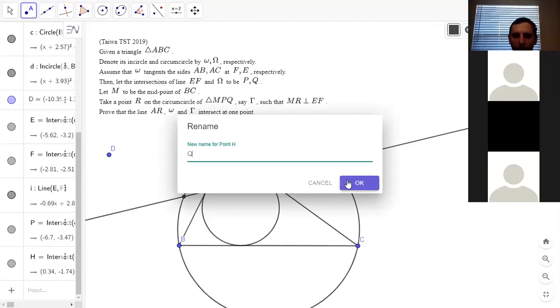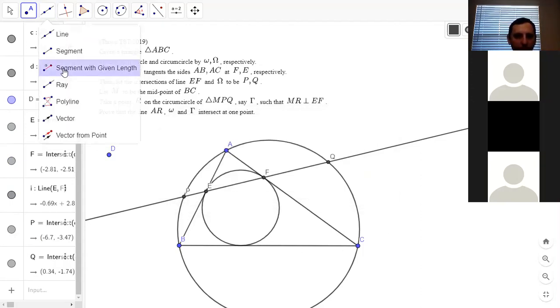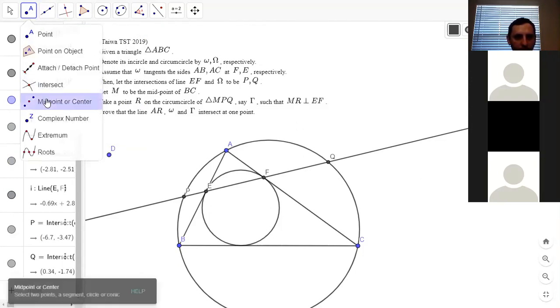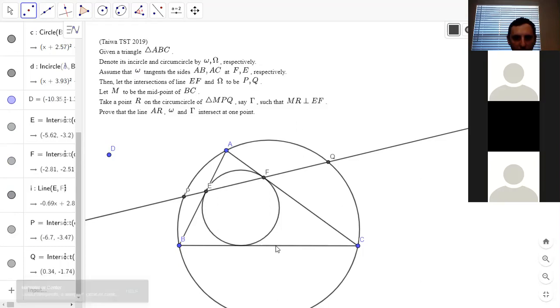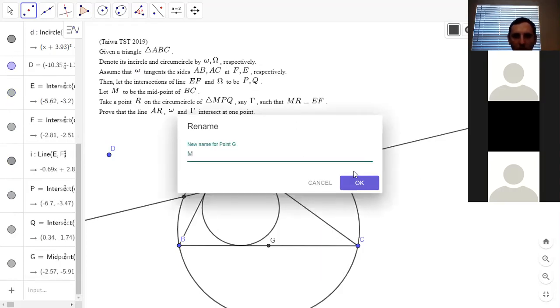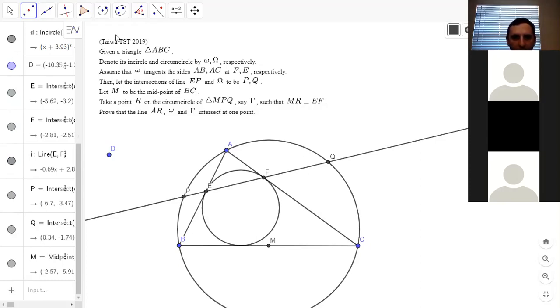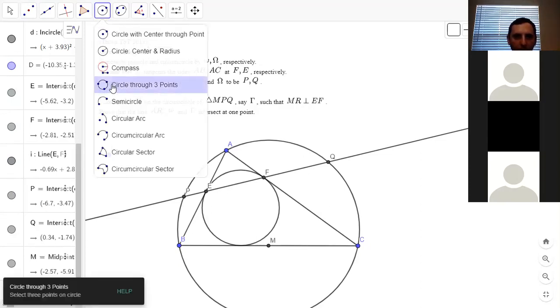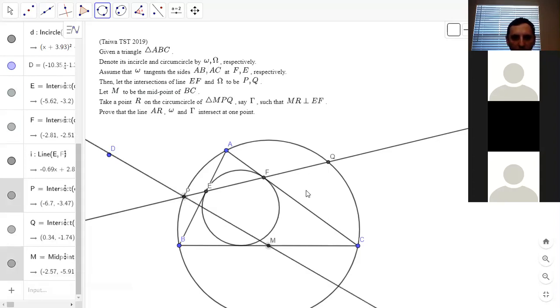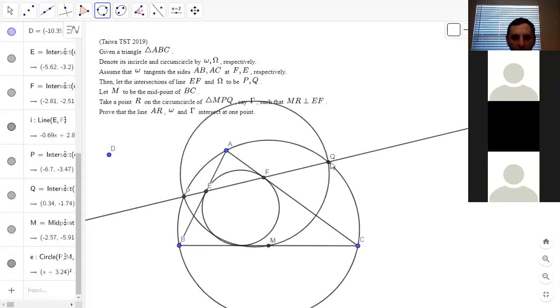M is the midpoint of BC. R is on the circumcircle of MPQ, and they're calling that gamma, so that MR is perpendicular to EF.